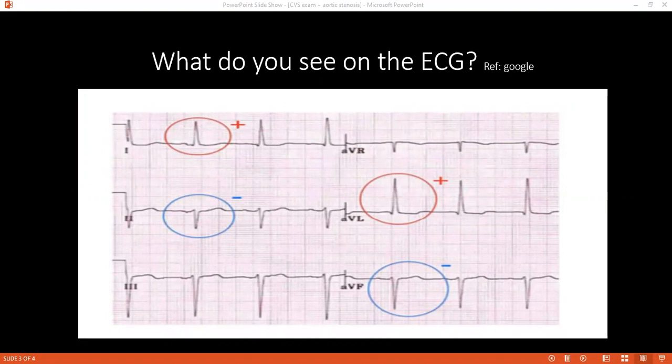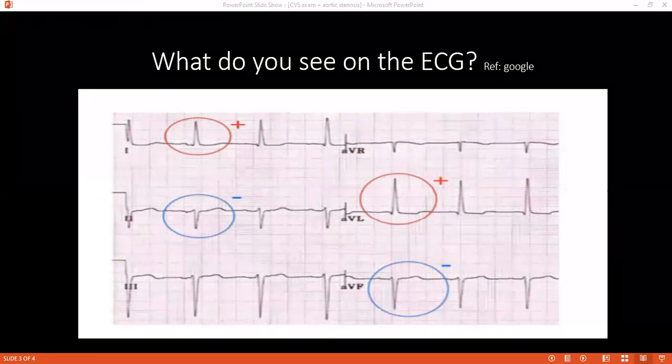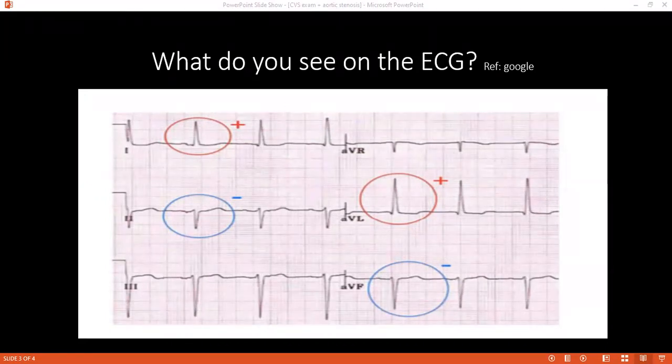Rate 100, positive R in lead 1 and aVL, that means left axis deviation. Deep S in leads 2, 3 and aVF also means left axis deviation.